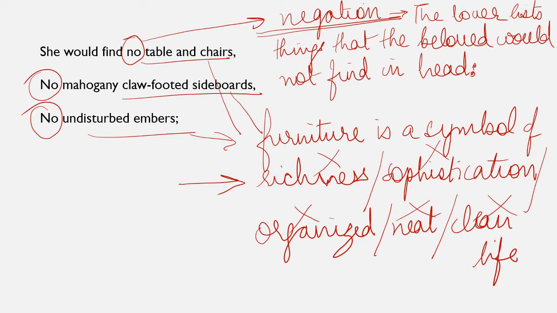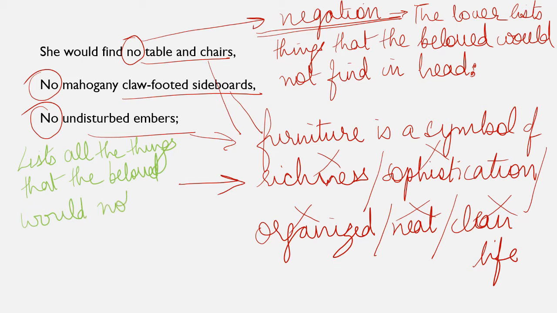So basically, the poet here lists all the things that the beloved would not find.